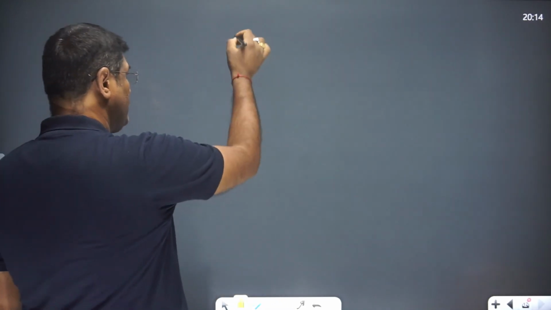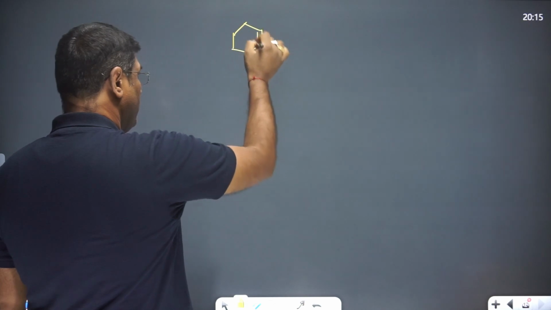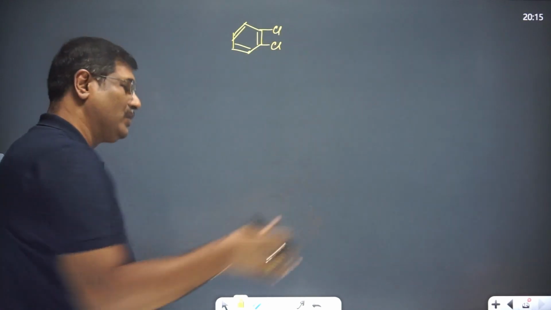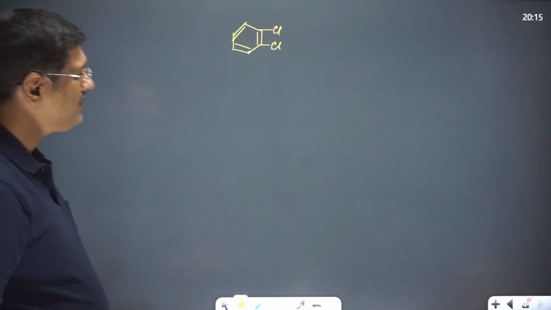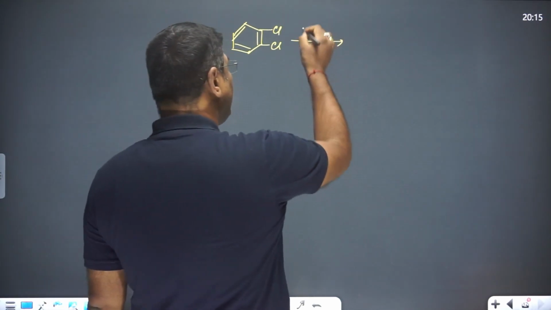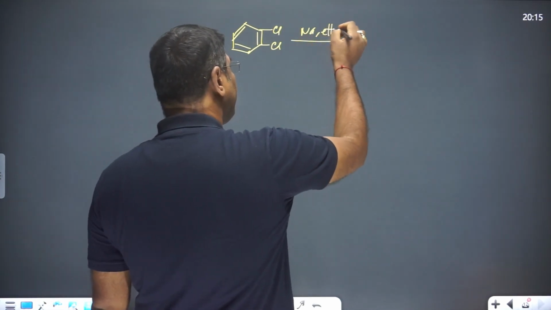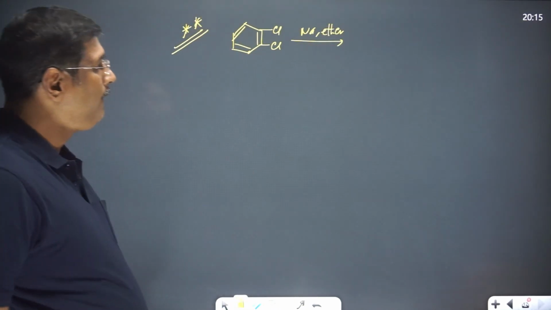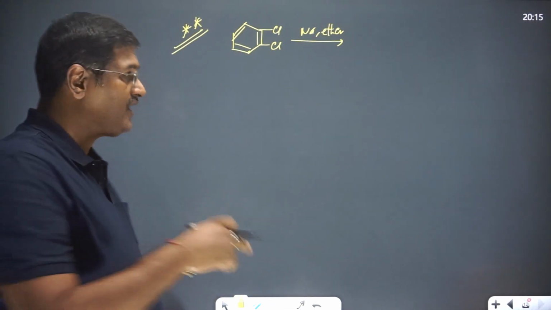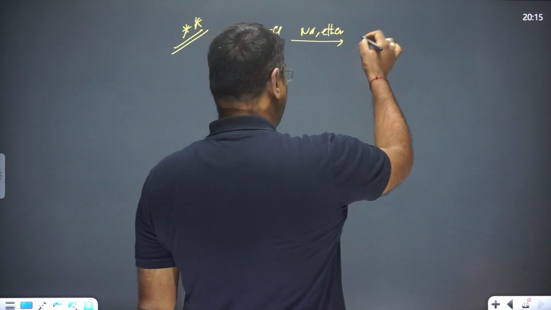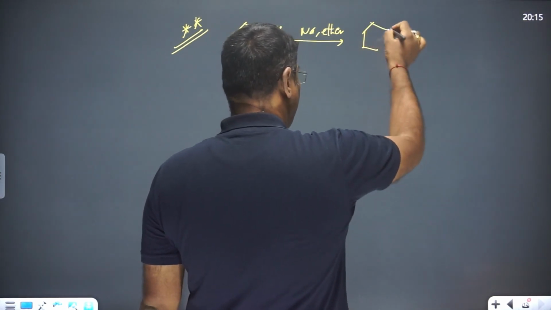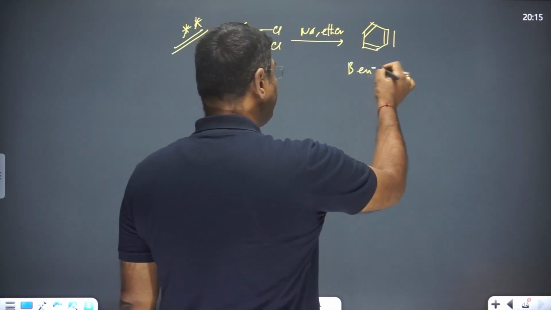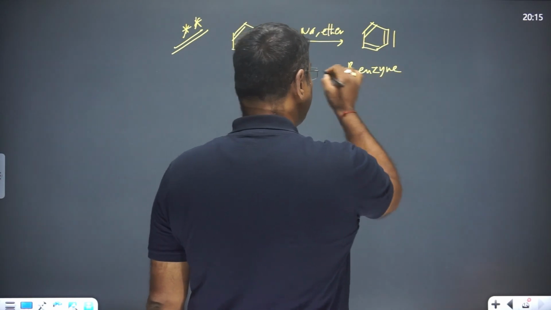If we have them on a benzene ring also, with Cl and Br as the dihalide, and it is treated with Na in ether, what forms? You know this one: the triple bond forms. Benzyne forms. This is the benzyne intermediate.